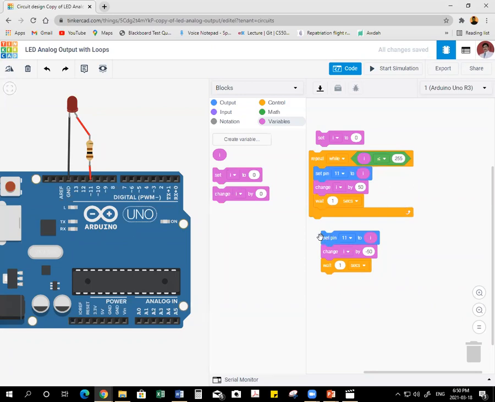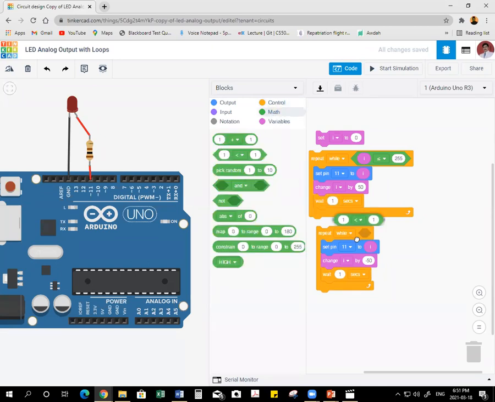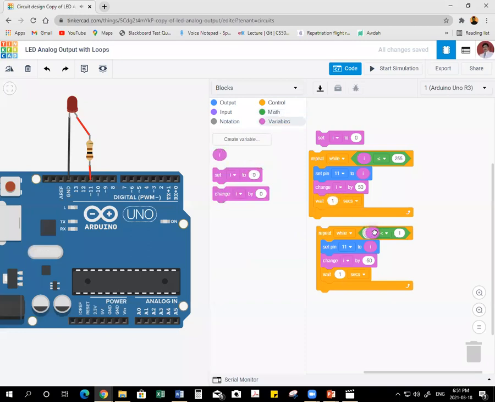Now another while loop we can have, that is a repeat loop. You can place it here. For this while, same again, math condition, keep it, then use variable I here. Here we can use greater than or equal to 1.